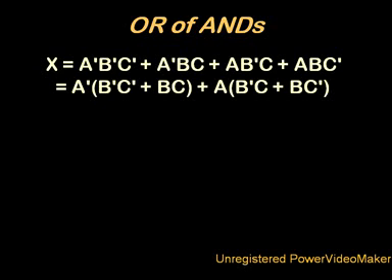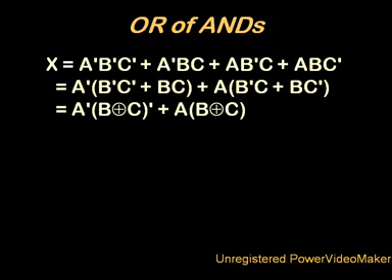From the first 2 terms, I'm going to factor out a not A. From the last 2 terms, I'm going to factor out an A. Notice that what I then have is B XOR not C in the first place, from one of those XOR laws, and B XOR C in the second place.